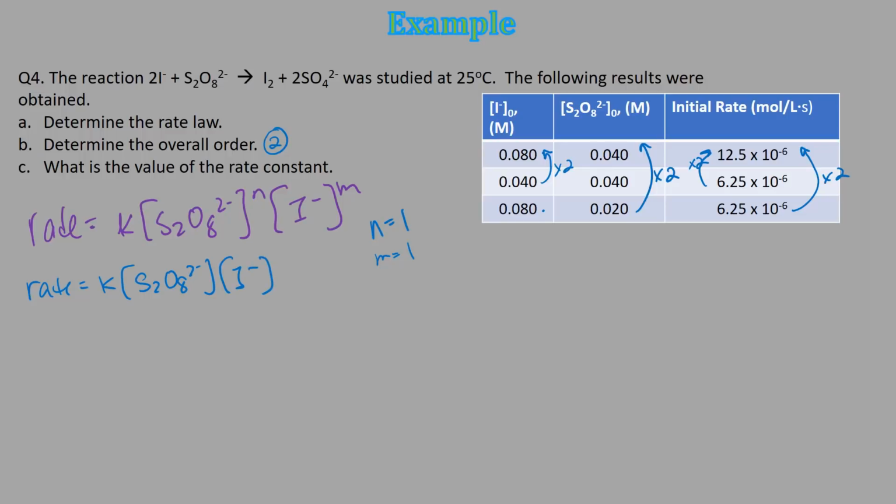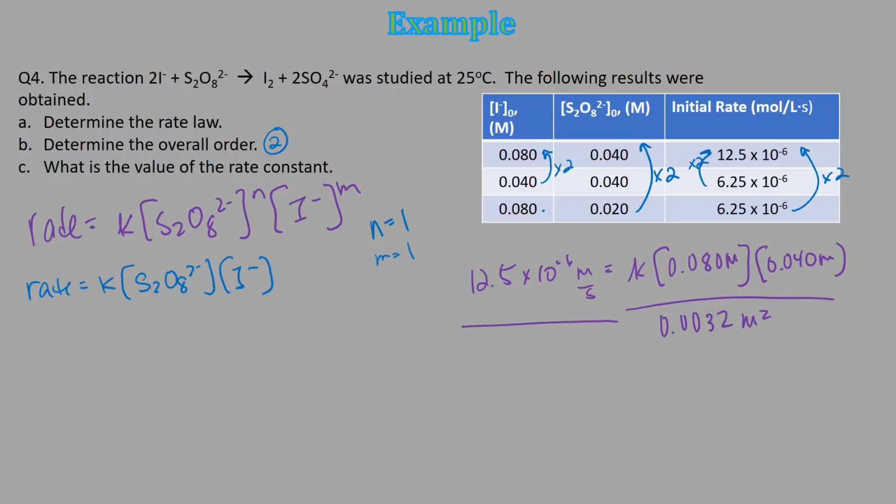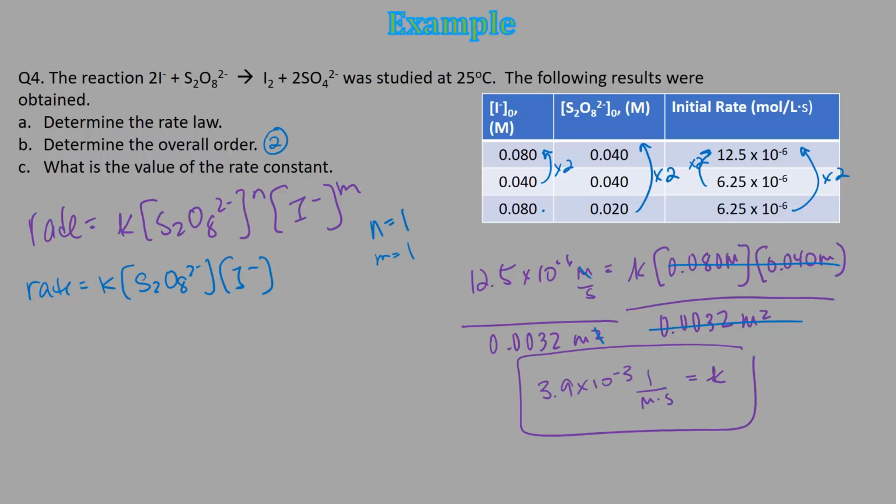And then the value of the rate constant, I'm going to plug the first experiment in. So I get 3.9 times 10 to the negative third, 1 over molarity times the second as my K. All right, that's it.